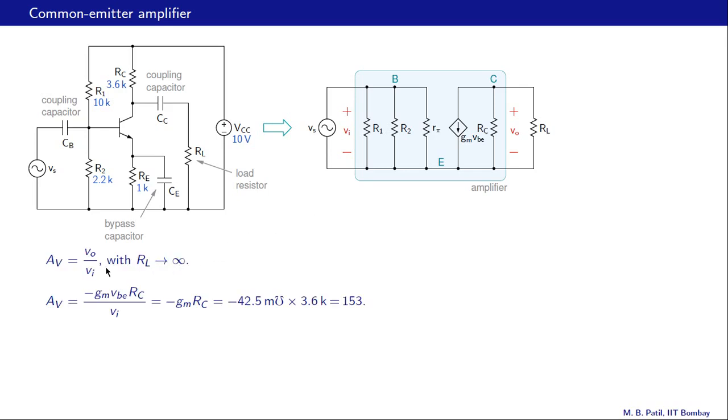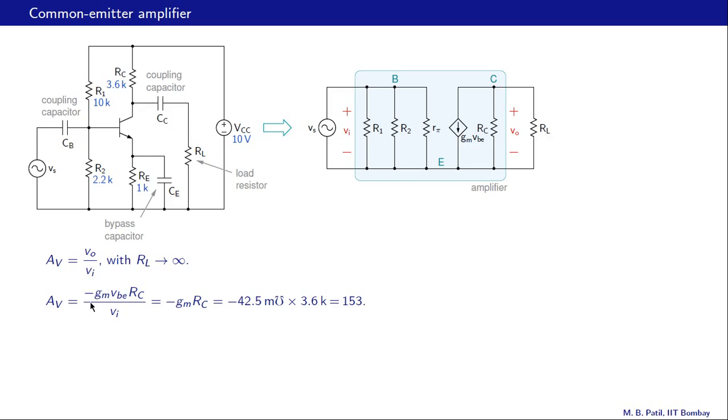What is AV? AV, as we have seen in the last few slides, is VO divided by VI with RL equal to infinity. So we remove this RL, measure VO, and then VO divided by VI is AV. VI in this case is the same as VS. And what is VO? VO is minus GM times RC, because RL is not there anymore.